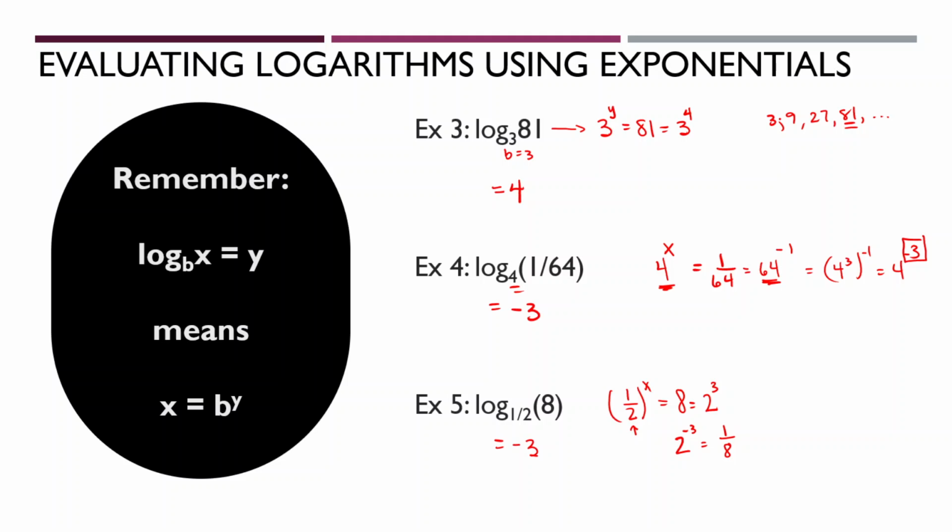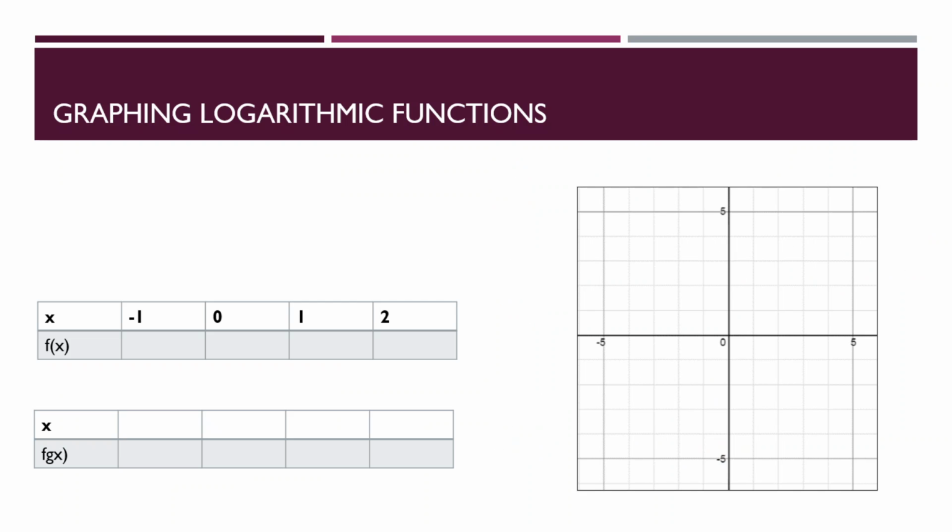All right, so how do we graph these functions? Well, since we said they were inverses, let's just start by graphing the exponential and then figuring out what its inverse would be. So let's plot some points first. If I use x of -1, I'll get 4 to the -1, which is 1/4. 4 to the 0 is 1. 4 to the first is 4.